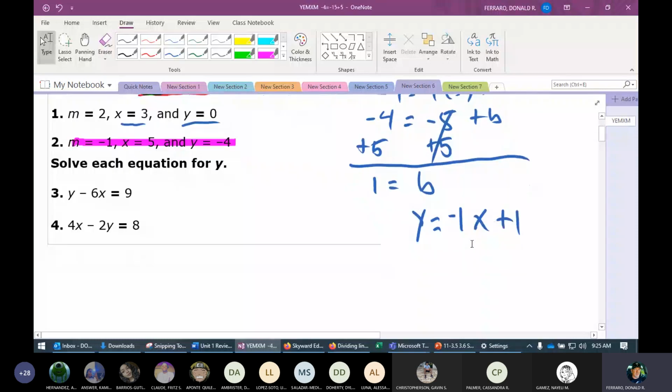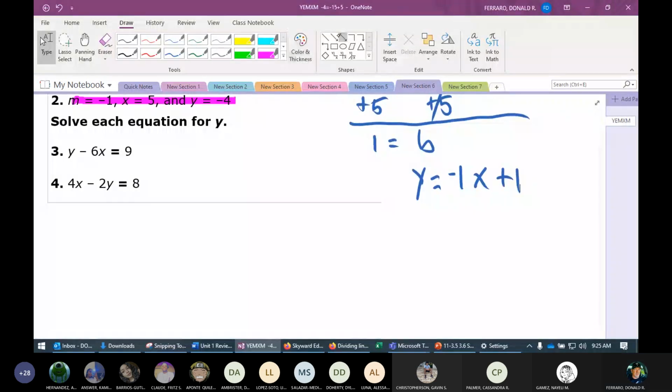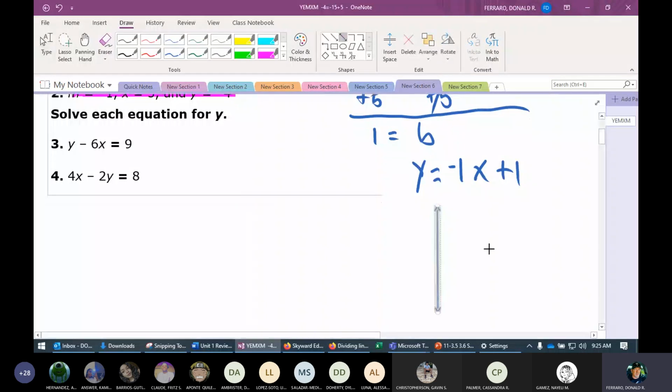All right. And if I was to graph this equation, I've got that, and I've got that. And now I go 1, 2, 3, and we're going negative. So 1, 2, 3, right?